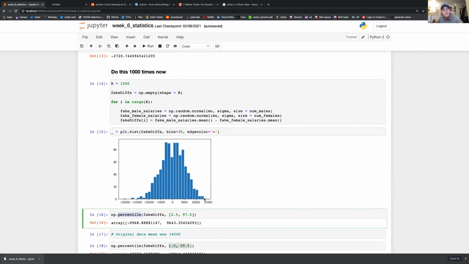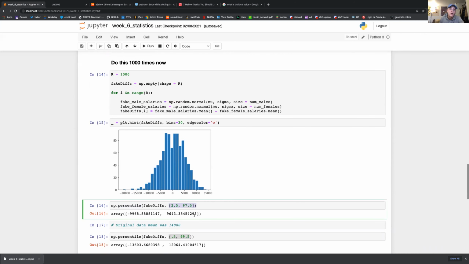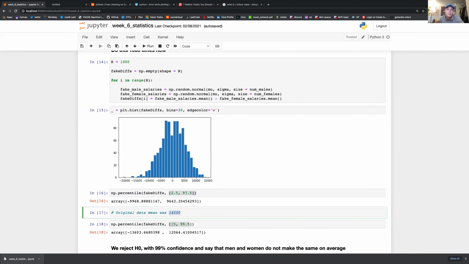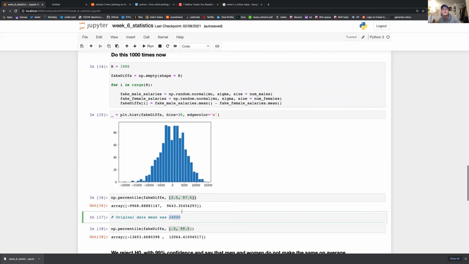What percentage of them showed at least that difference? When we do a 95 percentile, we can see the max is 9,000. Our original difference was around 14,000. So to reiterate, under this simulated world where they make the same income, less than 5% of the time do we see a difference like we observed in our data.